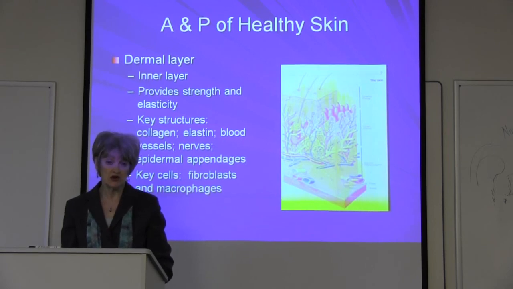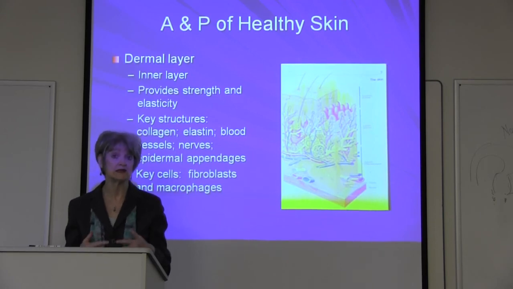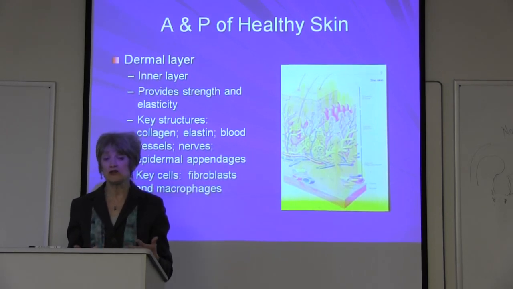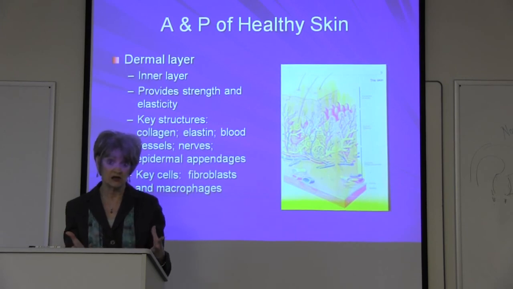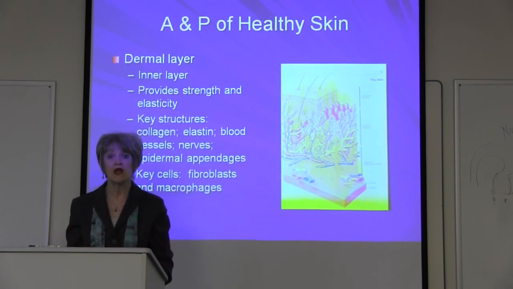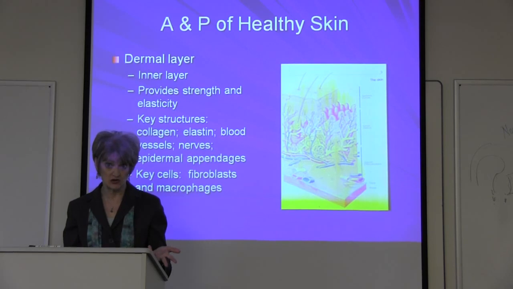That's because the dermis is primarily collagen. The dermis also contains elastin, which is another type of protein. But the elastin gives the skin its resilience, its ability to rebound, whereas collagen gives the skin its strength. So those are the two key structures, the two most important types of protein found in the dermis, collagen and elastin.